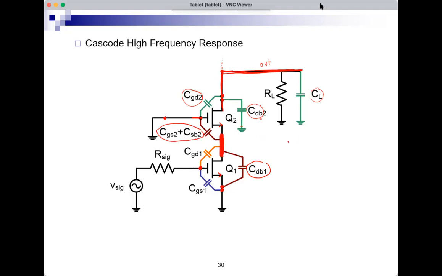So now I have two capacitors, the green and the brown. The green is between the output and ground. The brown is between the intermediate node and ground. Then I have CGS1 between the input, this is the input, and ground. And CGD1 between the input and the intermediate node.